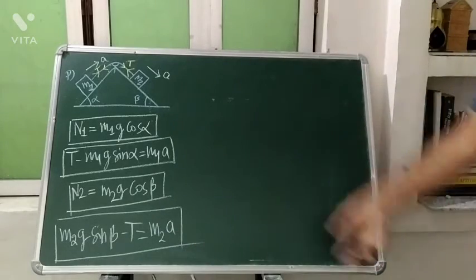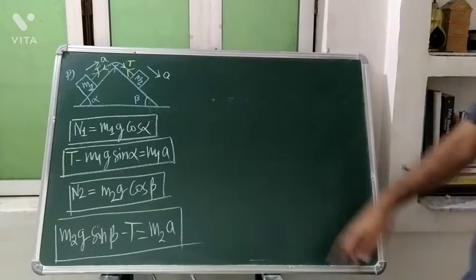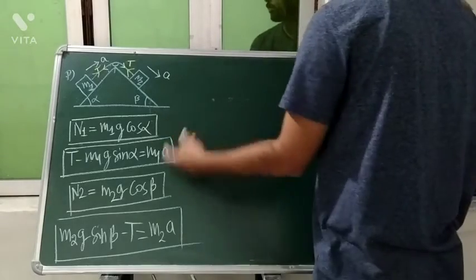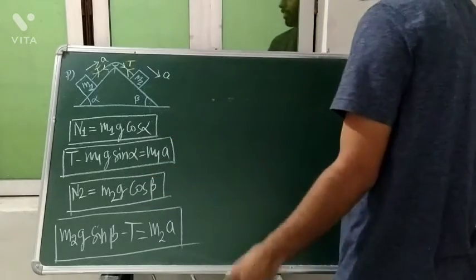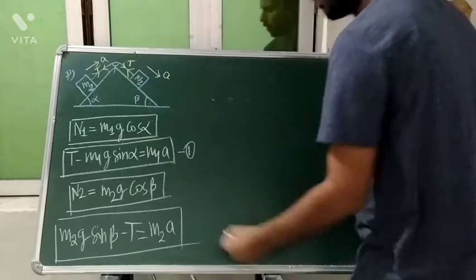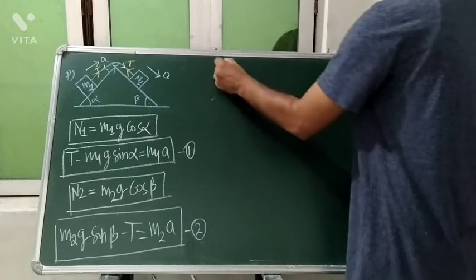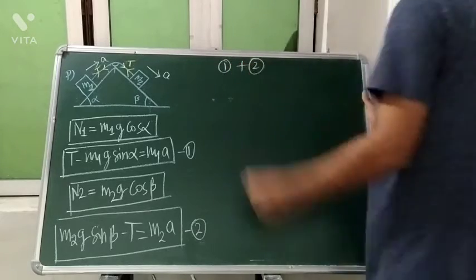So these were the only expressions we were getting. Since no acceleration is present in the y direction, there will be no use of those two equations, they will get balanced. Suppose this one is our equation number 1, and this one is our equation number 2. What can we do? We can add 1 and 2.